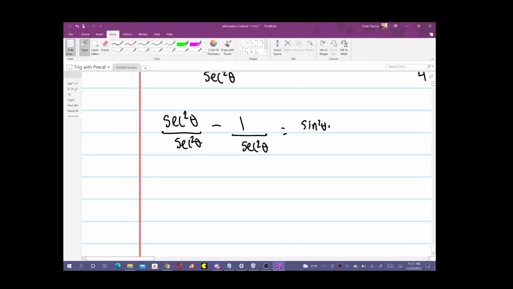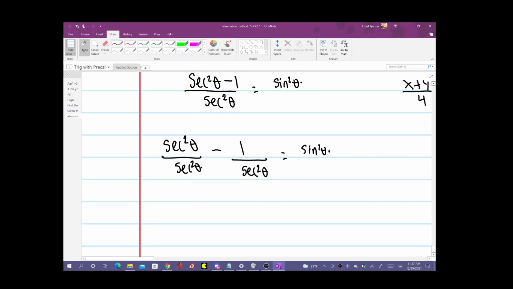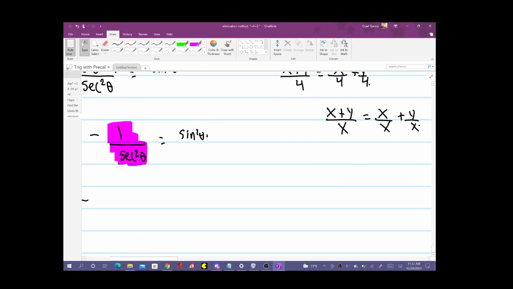So let's see here. This becomes 1. This becomes 1, so this one becomes 1. And then minus, and then this one, if you know that secant of theta equals 1 over cosine theta, you can solve for cosine theta.